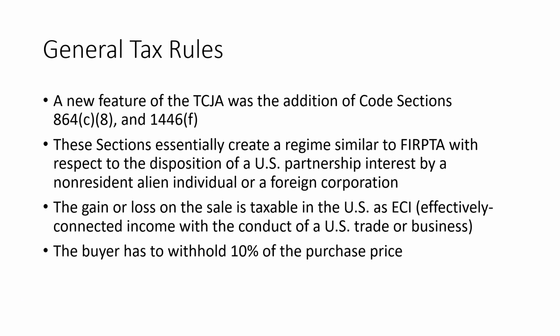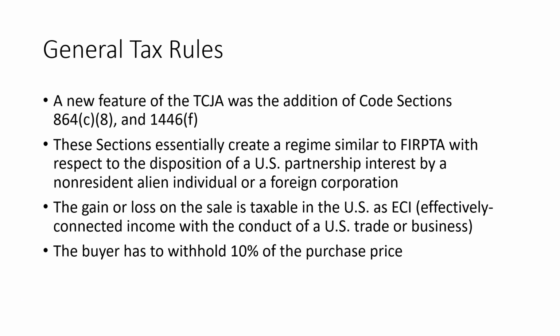So, in the Tax Cuts and Jobs Act, which seems ancient now, given everything that's gone on in the world and the possibility of more tax changes on the horizon, there are a couple code sections added which really mirror FIRPTA, but extend the application of FIRPTA to the realm of partnerships in general.